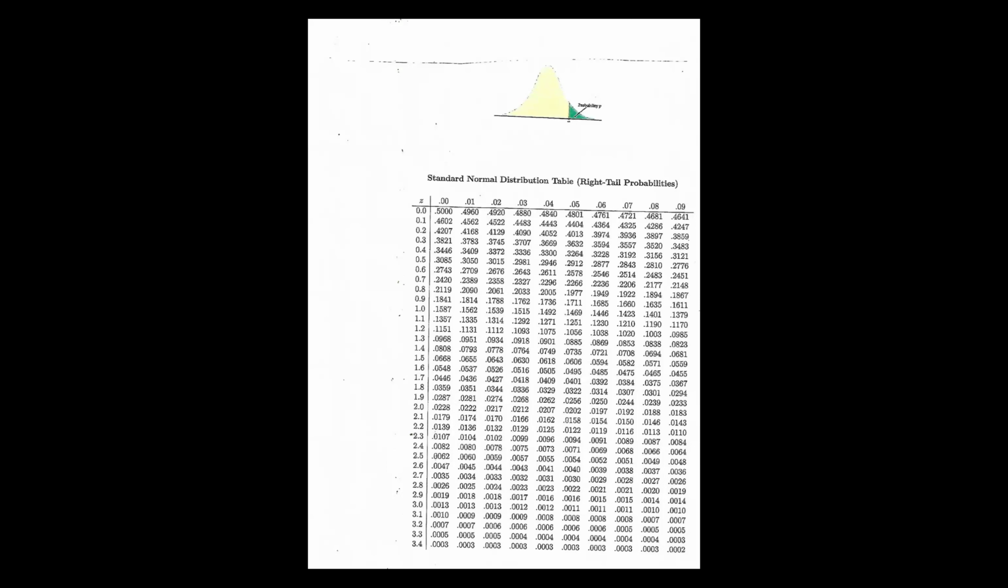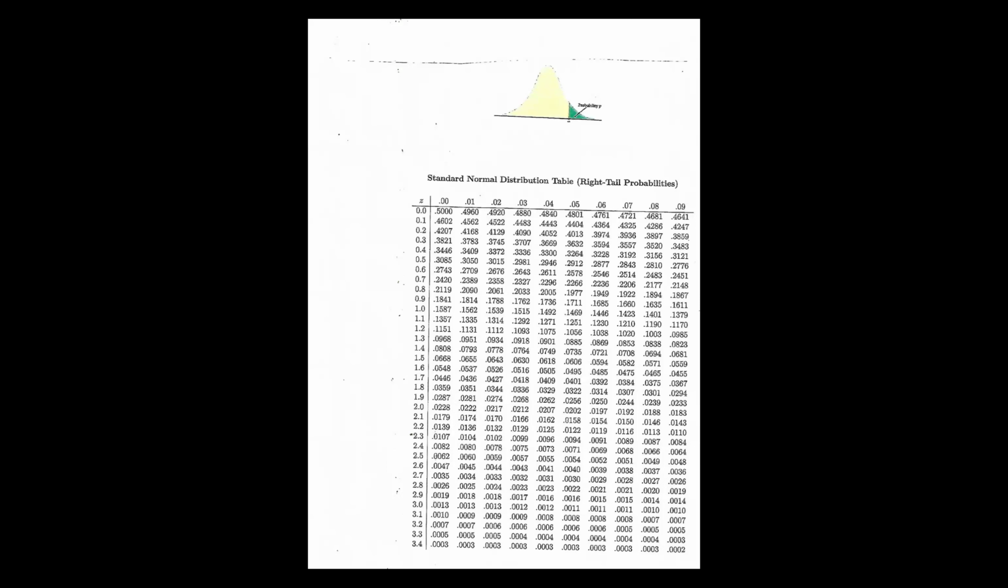A z-score usually falls in the range between 0 and 4.